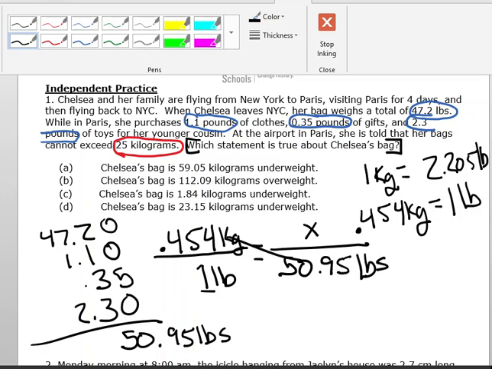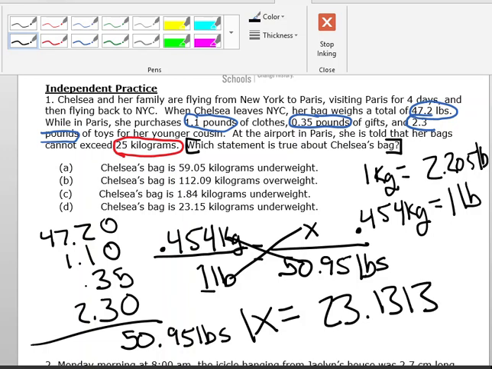Then I'm going to cross multiply and use my calculator. So 1x is equal to 0.454 times 50.95, and I'm going to get 23.1313 kilograms. This is how much her bag weighs in kilograms.